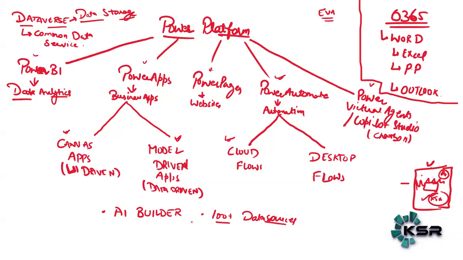But for a model-driven app, you can create it only on Dataverse. Okay, got it. Now if you want to create a model-driven app on SharePoint or SQL Server, that is also possible, but I will be covering how to create that in the course. But by their nature, they are Dataverse-driven apps. Making sense? Yes.